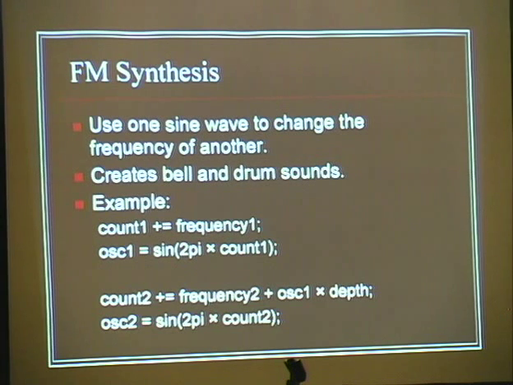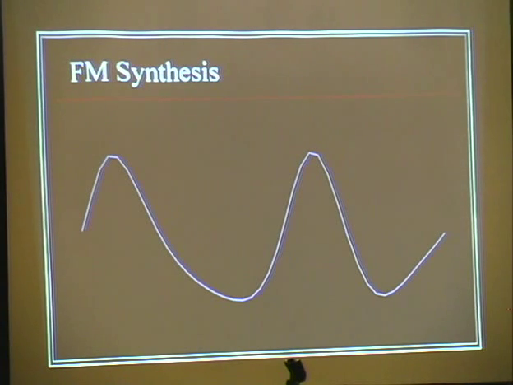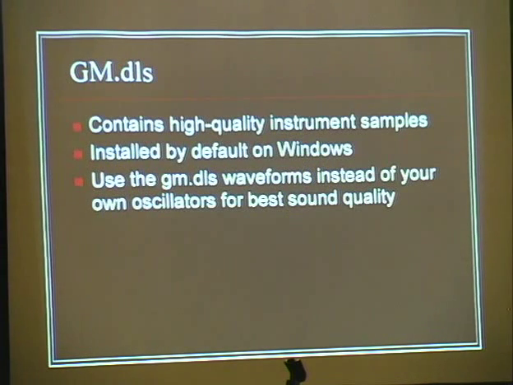Here I have the same counter plus frequency, so this variable is always going up. Take the sine of that, it makes an oscillator. And then this second oscillator down here, it's the same thing, except that the frequency is being adjusted using the first oscillator. So you can get some very interesting wave sounds with this. That sounds kind of like a bell, roughly.